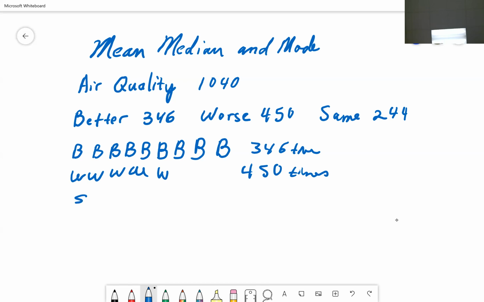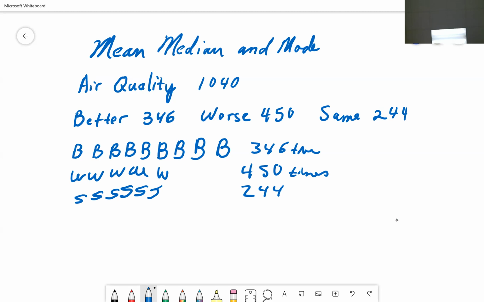And then same, 244 times. You cannot do the mean or the median for this type of data. This is qualitative, categorical data. It's not numbers. The mean and the median are reserved for quantities.